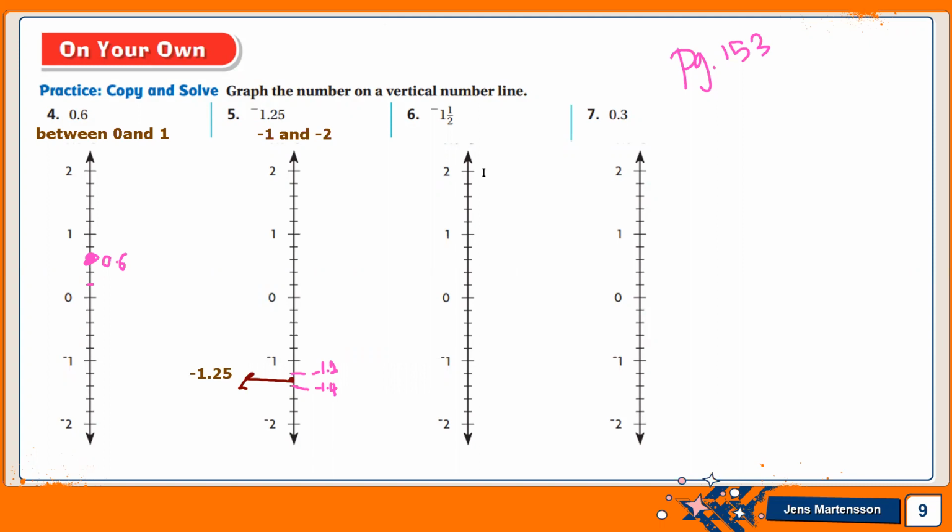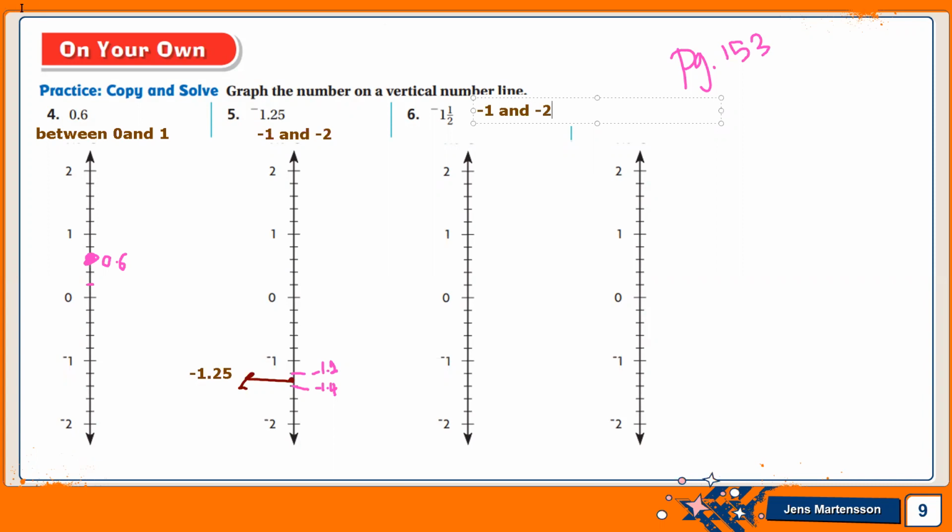Lama Ahmed? Yes, teacher. Negative 1.5. Between which two integers? Negative 1 and negative 2.